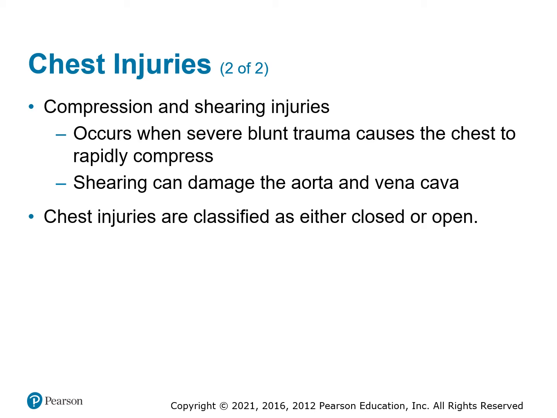When you shoot forward and your chest strikes that steering wheel, it's going to compress it very rapidly, and that's going to cause compression injuries within the chest. Shearing injuries are more of high energy injuries that can damage the aorta or vena cava. Shearing injuries are seen due to a sudden deceleration and also because of seatbelt related injuries.